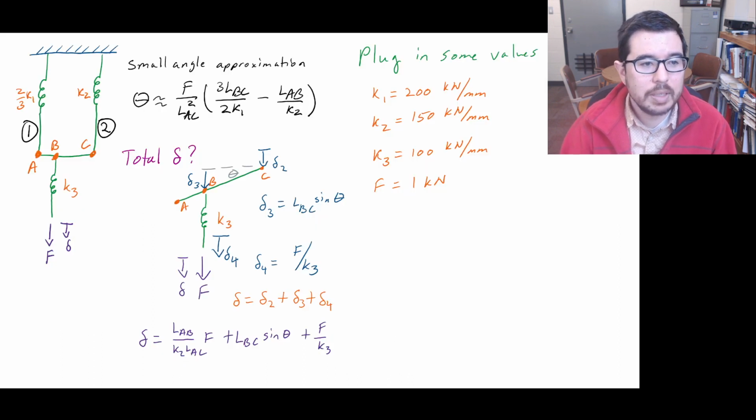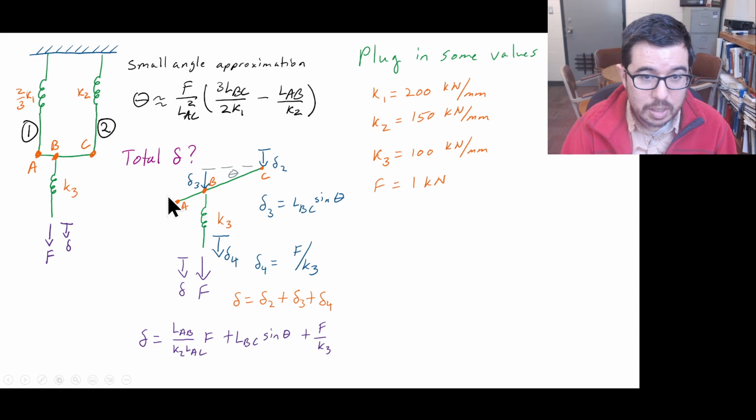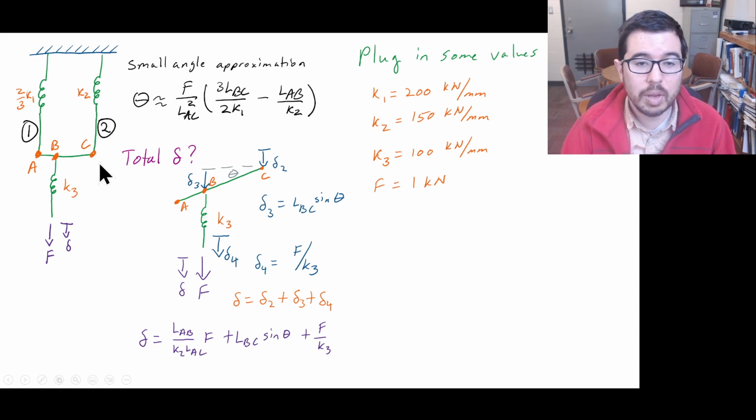What happens if we make this side more stretchy? In other words, we lower the coefficient over here. That means if this is more stretchy or this has a lower stiffness, we expect that the rotation will go up. And if we have more rotation, will the system have a larger deformation than what we saw previously?